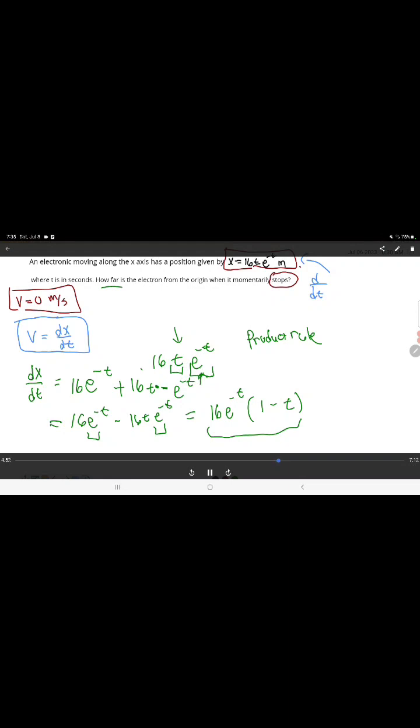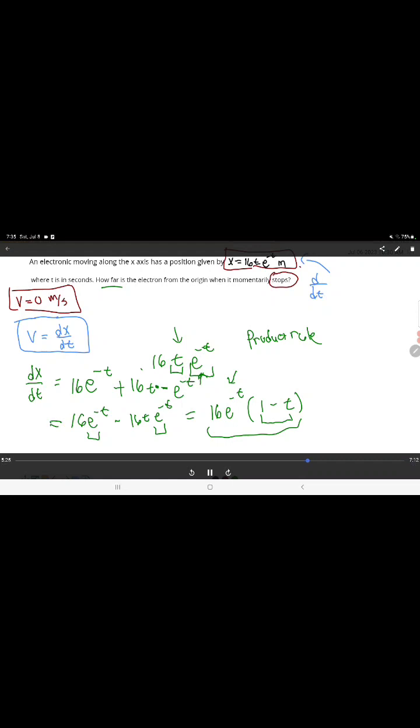And hopefully we shall see that this is very easy to solve, because e to the minus t can never be 0, except if you let t go to infinity, which is obviously not something that we consider. So because we're multiplying these terms, neither 16 nor e to the minus t can ever be 0.